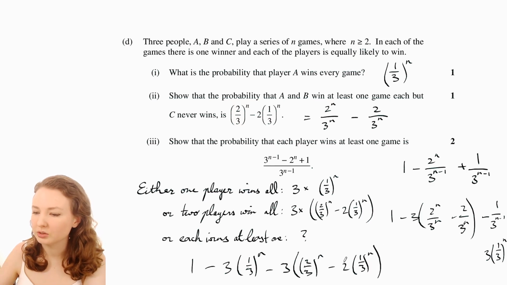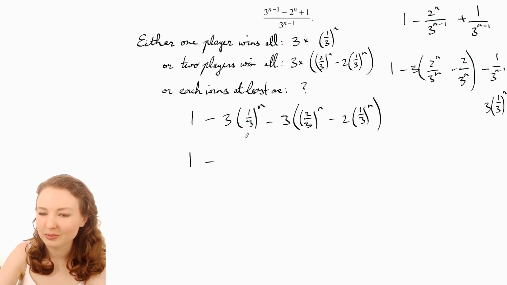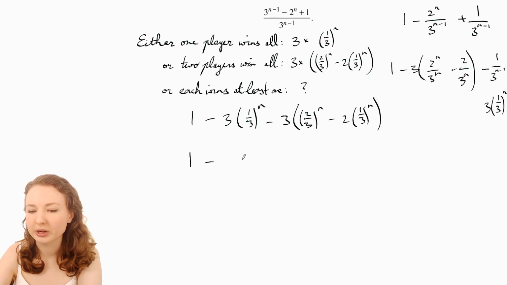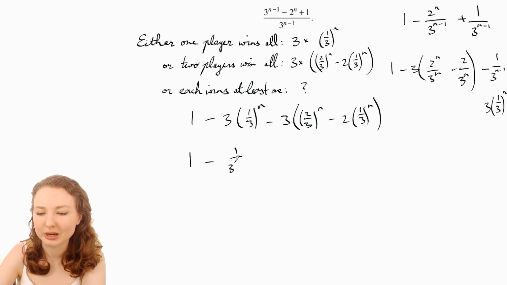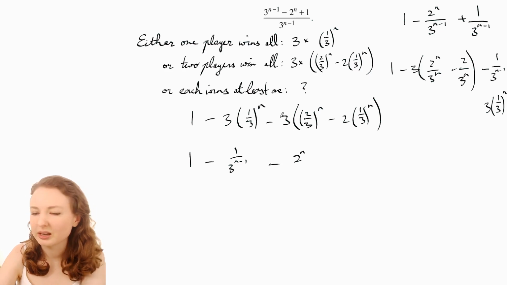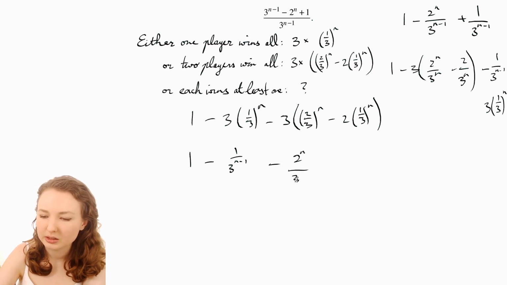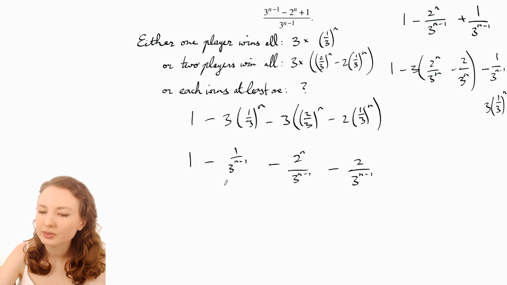And then we just need to do this bit that I did here in reverse. So this makes 1 minus, so that's 1 on 3 to the n, so you've got 3 on 3 to the n, which is 1 on 3 to the n minus 1, if you divide top and bottom by 3. And then that's 2 to the n on 3 to the n, and then multiplying that by 3. You get 3 to the n minus 1. And then we have 2 on 3 to the n minus 1.